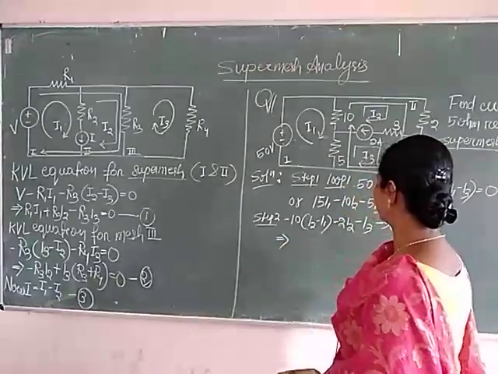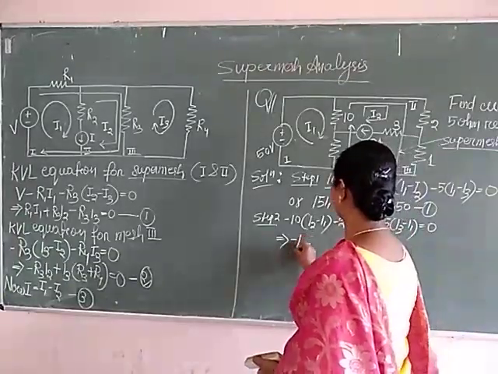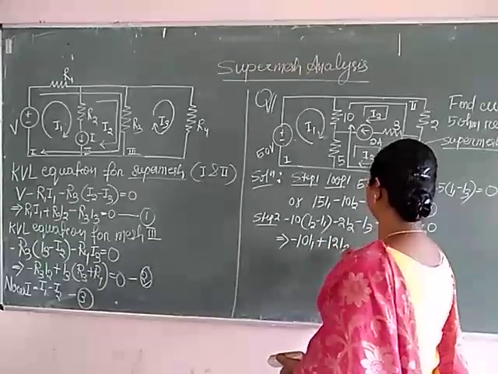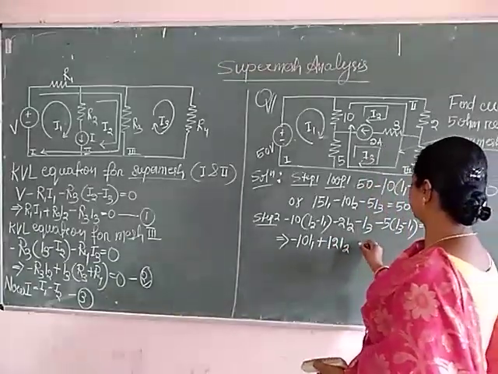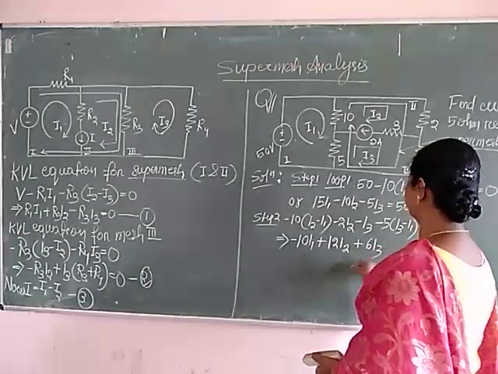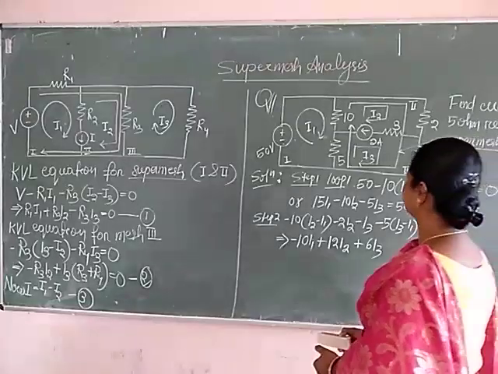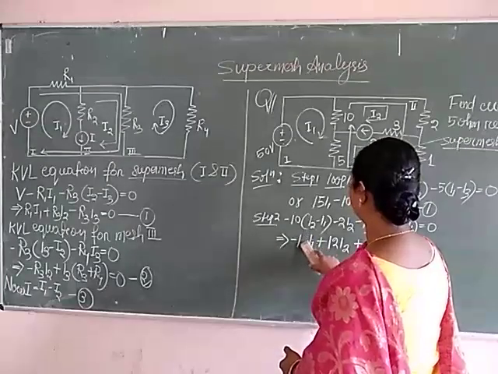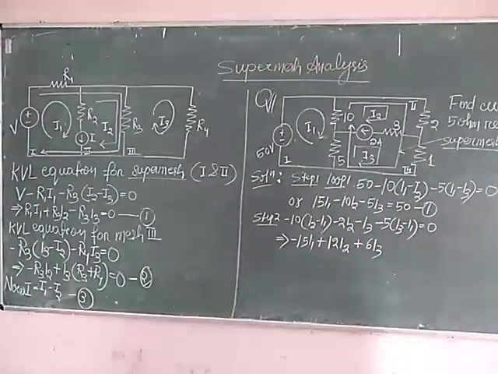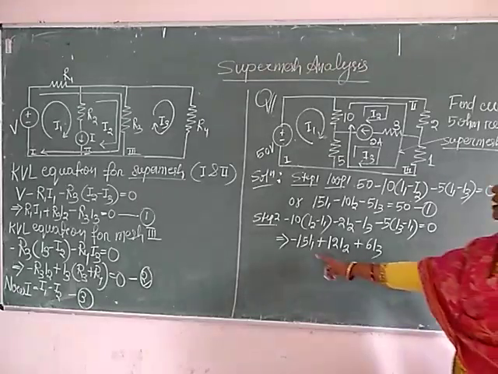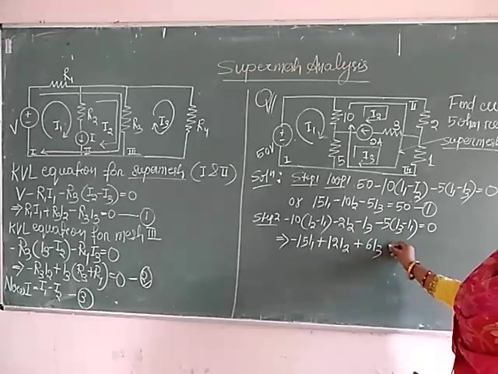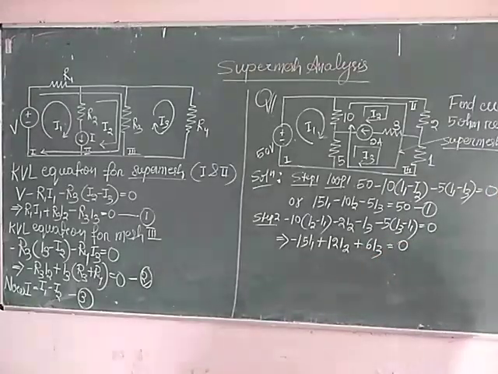And if you simplify this equation, you get 15 minus 15 I1 plus 12 I2 plus 6 I3 is equal to 0.